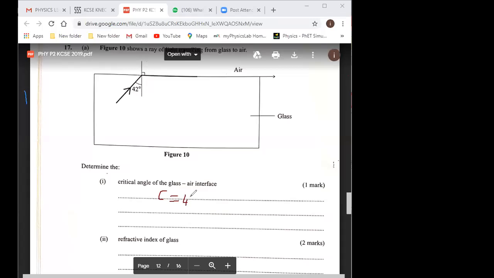Then you move to question number Roman 2, the refractive index of the glass. Do the calculation, find the refractive index.